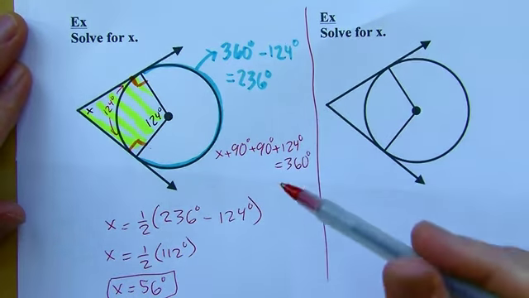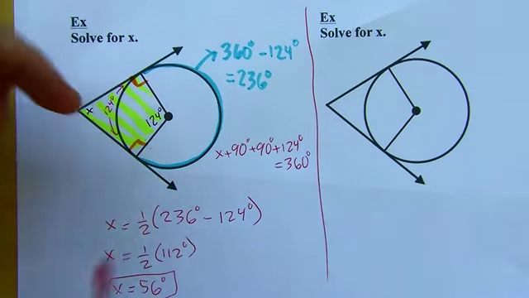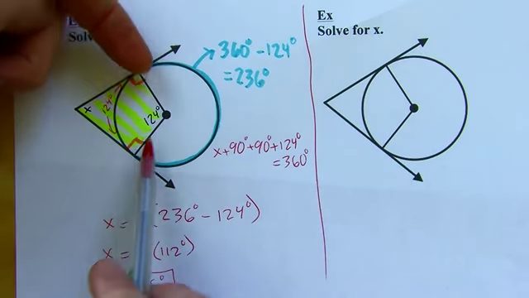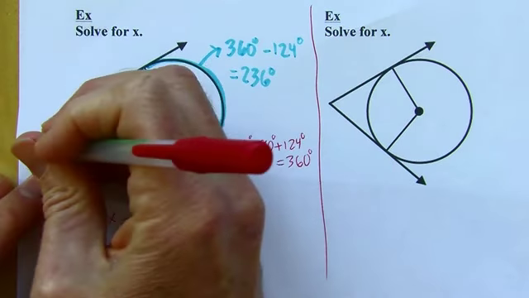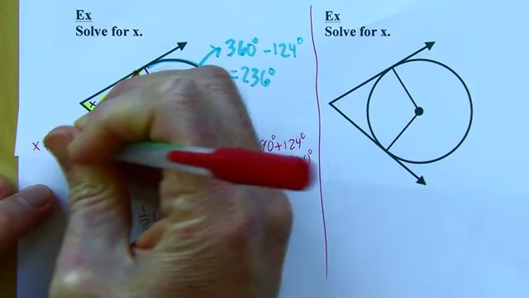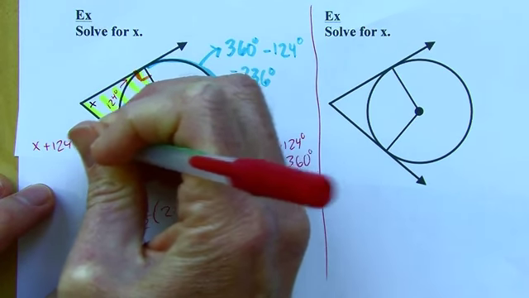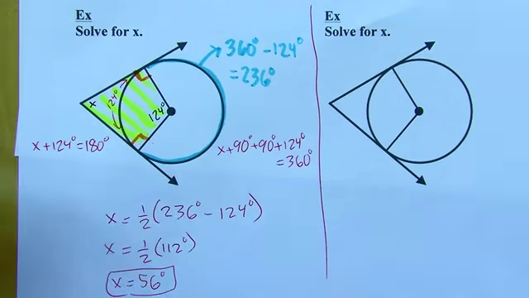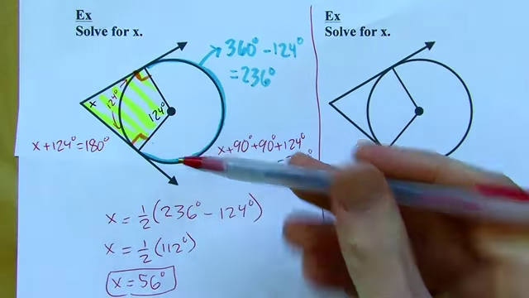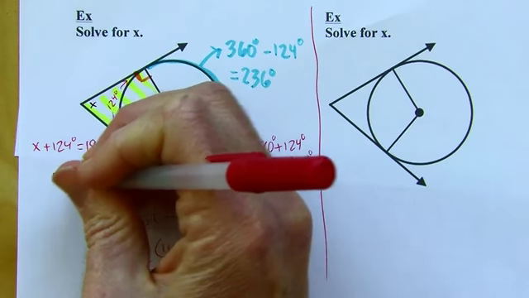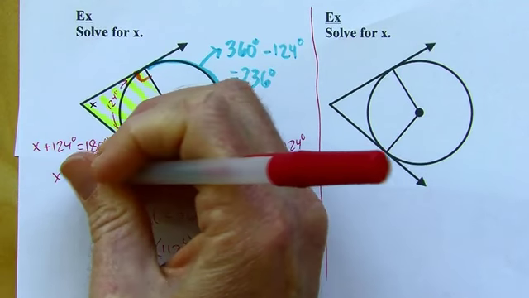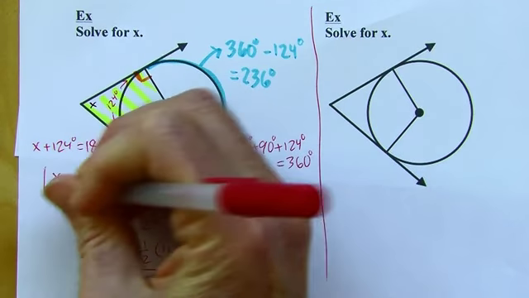But I could also say, instead of all of them adding up to 360, 180 degrees is already spoken for. So that means that these two are going to add up to 180 degrees. Okay, so they're supplementary, right? And then I can just subtract and get 56 degrees, okay?